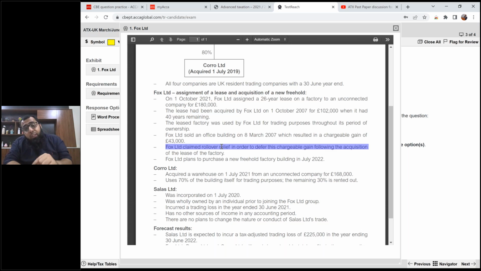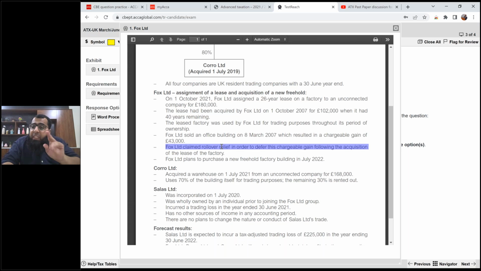Now it is your job to identify that here rollover relief wouldn't be used and rather the examiner must have applied holdover in reality. This is where you can make an error. The examiner will always use the word rollover because by rollover he means deferral.